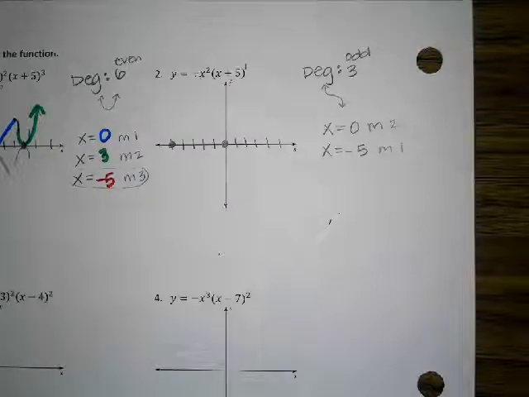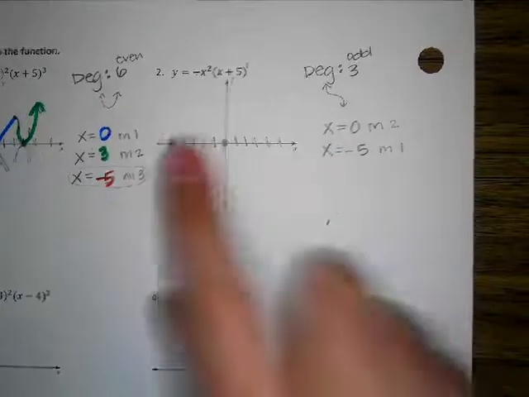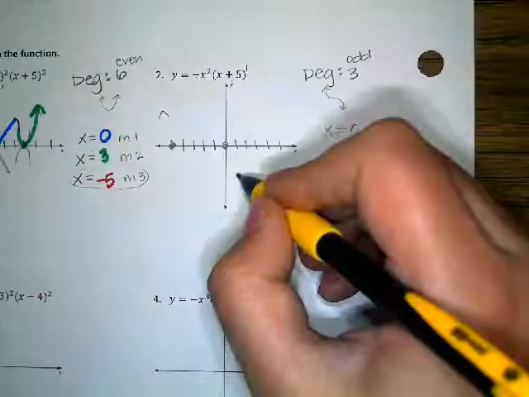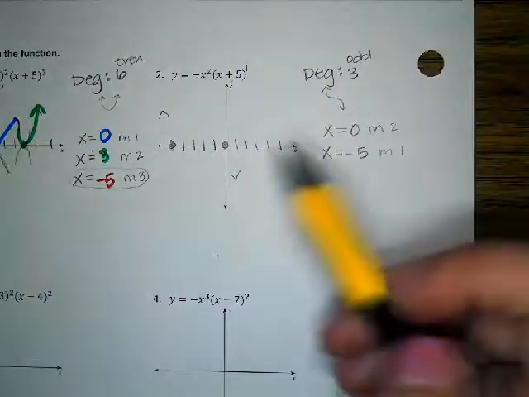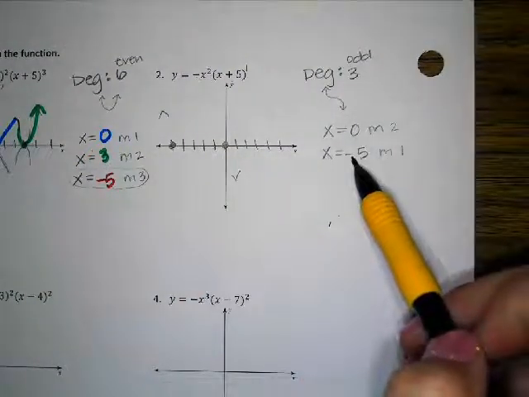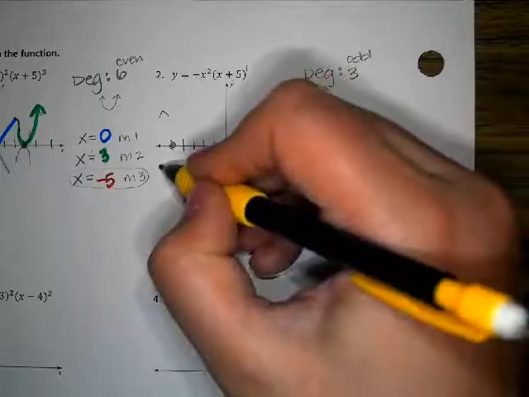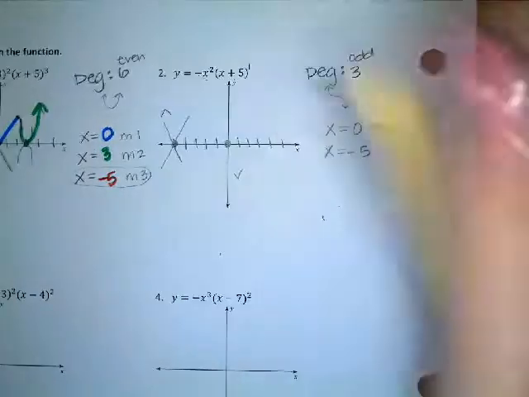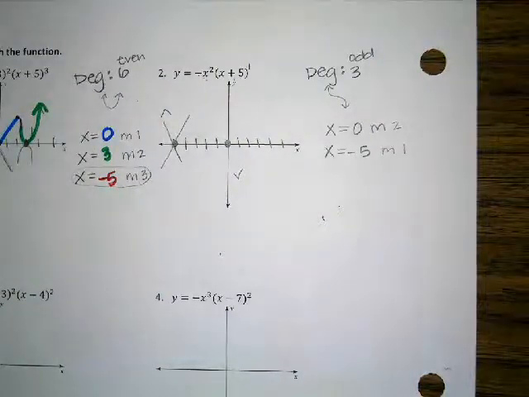All right, so we've got first arrow going up. This arrow is going down. At -5, we have a multiplicity of 1. So do we want a positive slant or do we want a negative slant? We want a negative slant. That's what makes more sense. Okay.